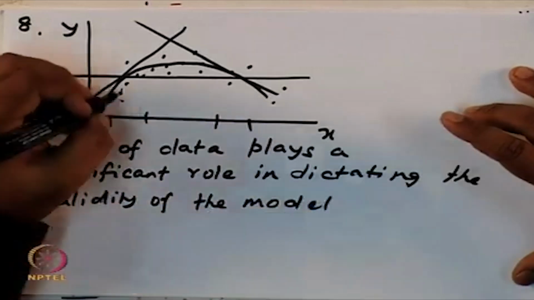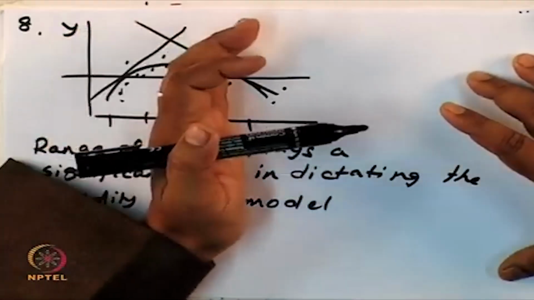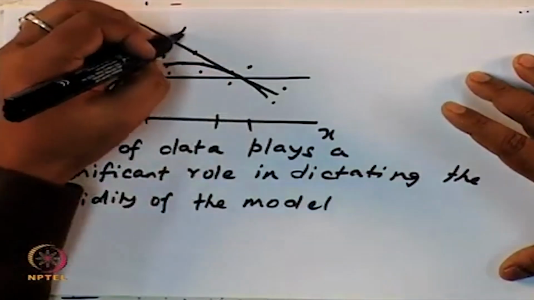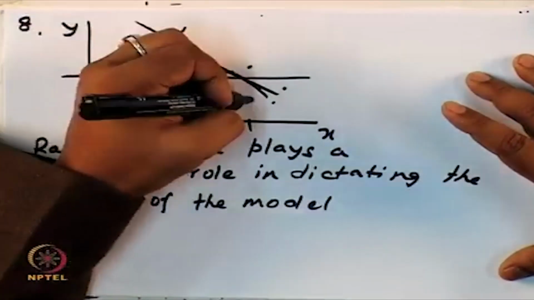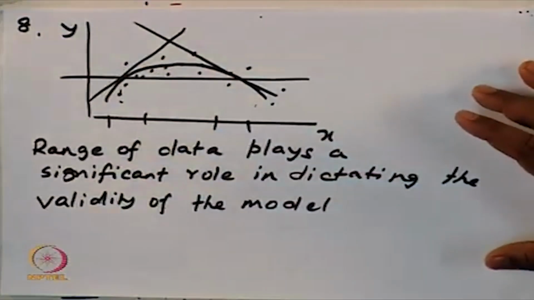Which means that based on this, if you are trying to extrapolate the data, you would incur huge amount of error. So, this line would predict a value here for this point, but as you can see, this is clearly not linear in nature.